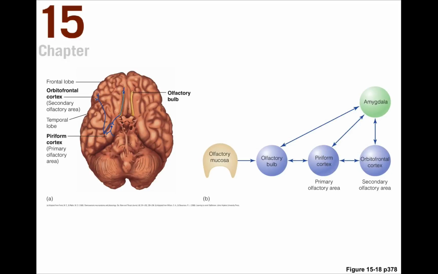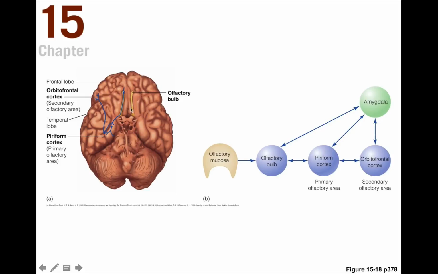So here we have a cartoon drawing. This is a picture of the bottom of the brain. So if I took my brain out, you're looking at the bottom of it. This would be the front right here. This is the back of your head here. This is the bottom, so your eyeballs would be right about here.